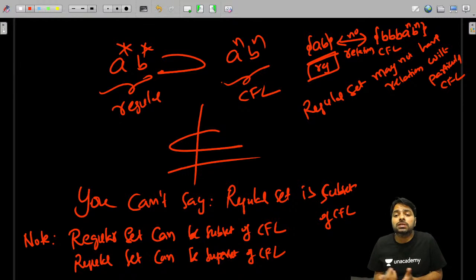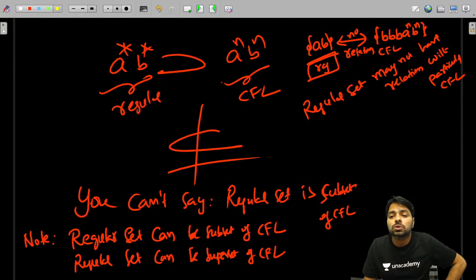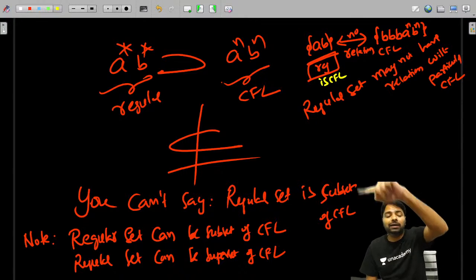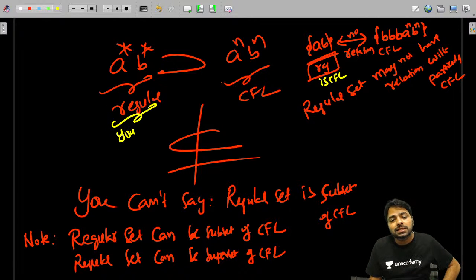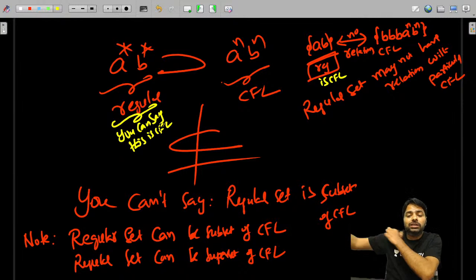Regular को CFL बोल सकते हैं, but this is also CFL. Remember, this is a CFL but no relation with that language. Two languages will not have a relation. Sometimes may have a relation between them, but every regular you can say this is a CFL, that's all. You can say this is a CFL, but you can't relate with other language. Other language may have a subset or superset.